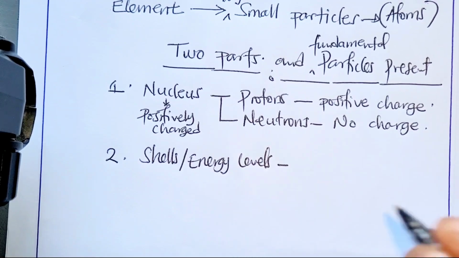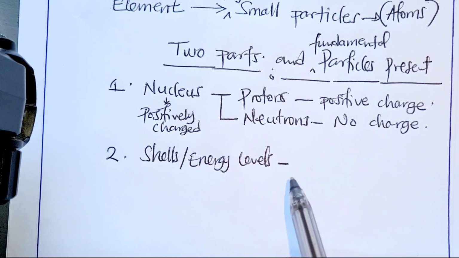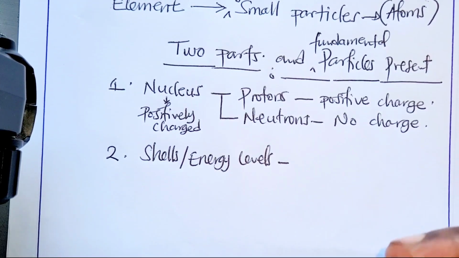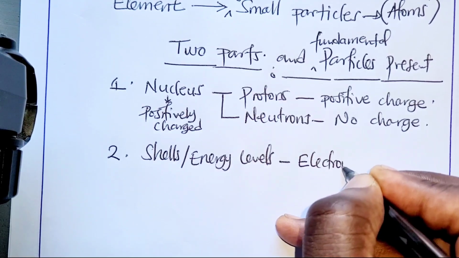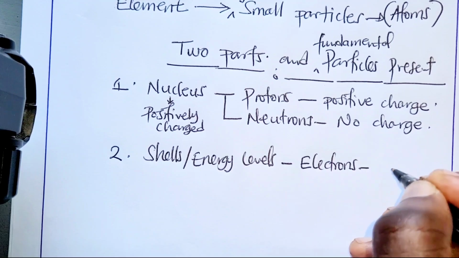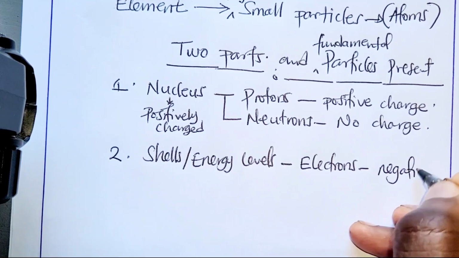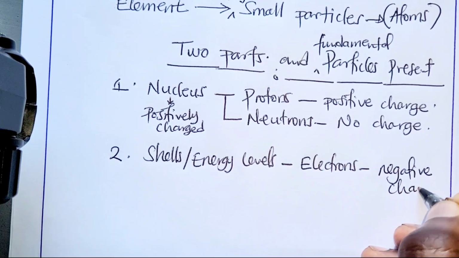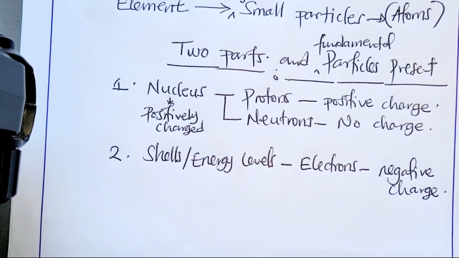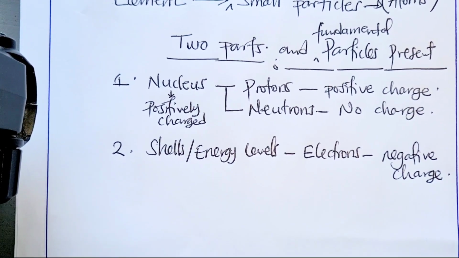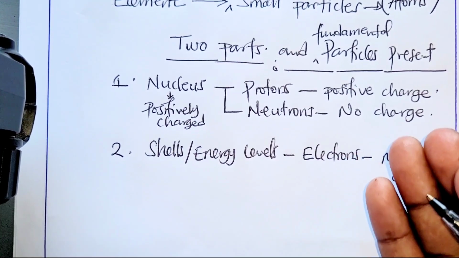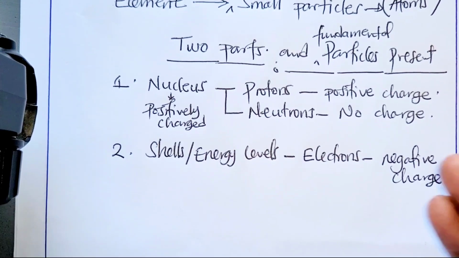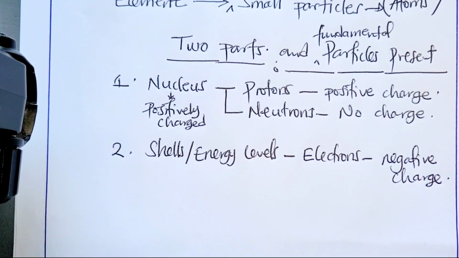The particles found on these shells, or the most probable regions where electrons can be found, are called electrons. These particles have a negative charge, meaning the outside of the nucleus of an atom is negative, but the inside of the nucleus is positive.